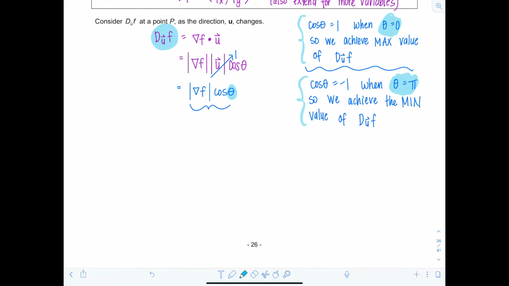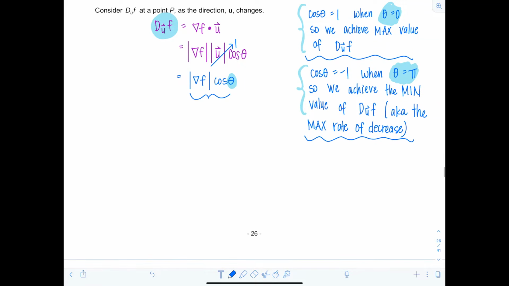Another way that you would say you have the min value of the directional derivative is it could be referred to, and this is confusing at times, as the max rate of decrease. Okay, and then the last scenario that's interesting is cosine of theta equaling 0, and that happens when theta is pi over 2.